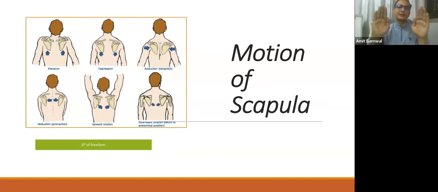And for adduction or retraction, it goes towards the midline of the spine. And for the opposite movement, abduction or protraction, it goes away from the spine.